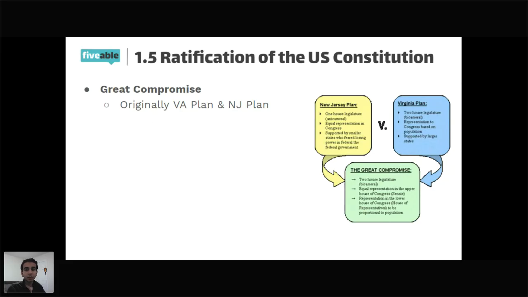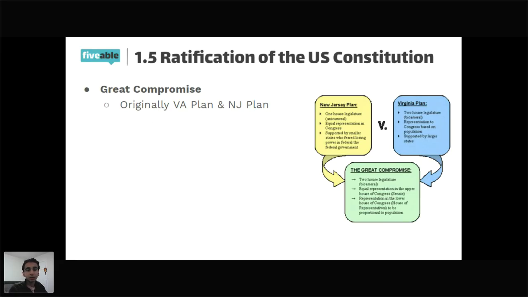Right. So the Virginia plan wanted proportional representation, basically based on population. And the New Jersey plan wanted equal representation. Yes, Sandra, you're also correct. Same thing. One supported more populated states, the other supported equal representation because those states were less populated.